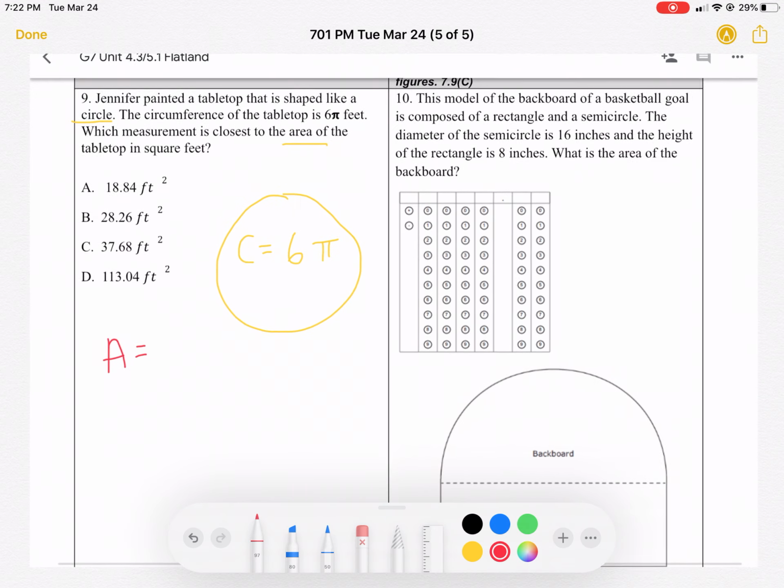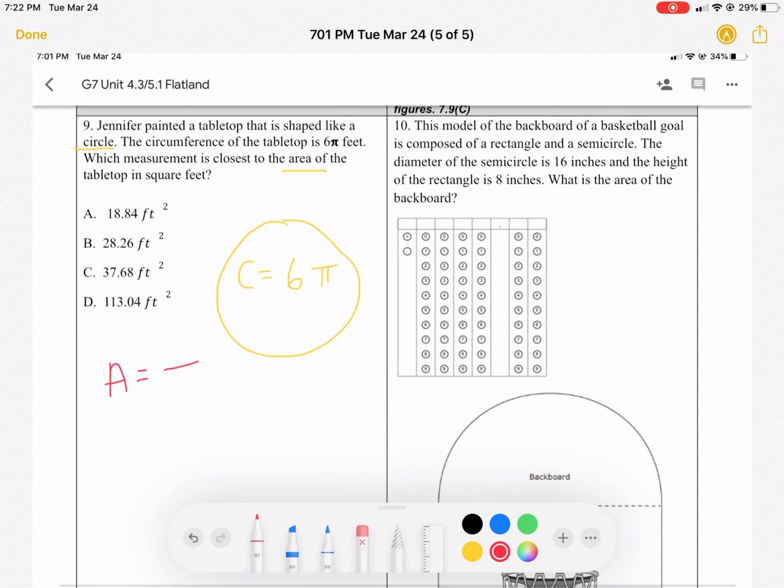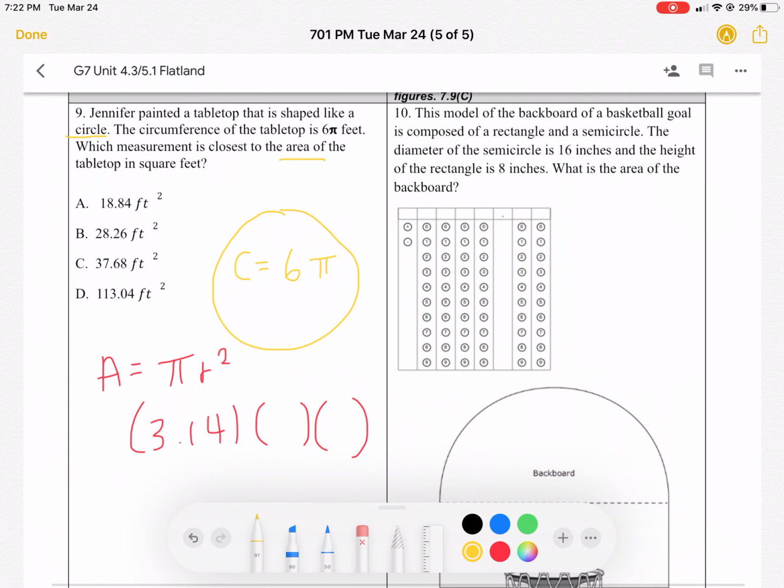So area is going to be pi r squared, right? Which is going to be pi, 3.14, times radius. But here, they only gave us the circumference, not the radius. But there's a way to find it out. Because if you look at the formula for circumference, it is pi times the diameter, right?